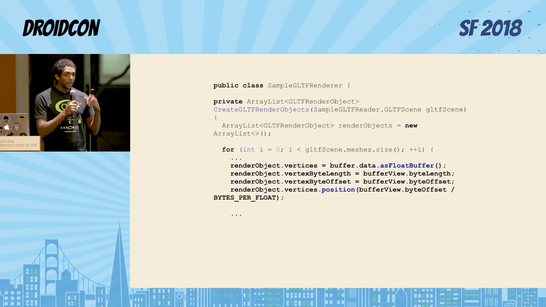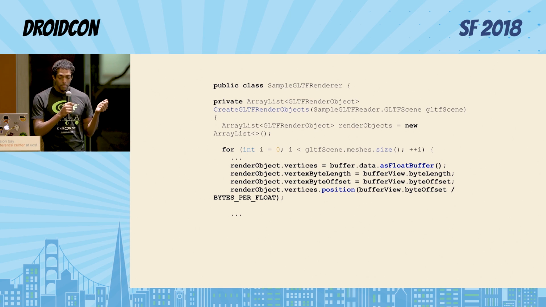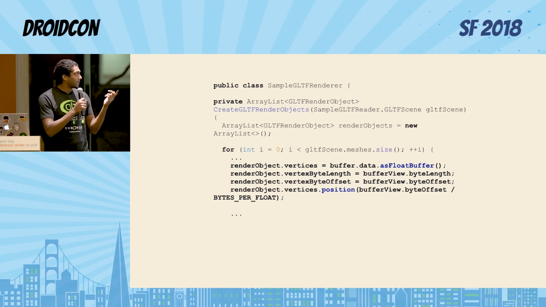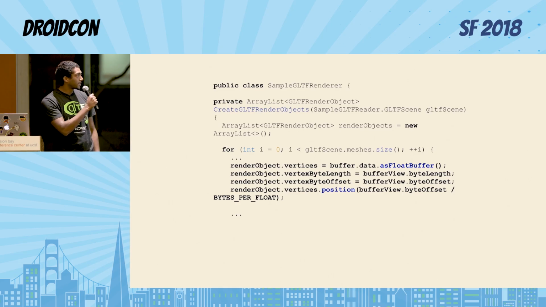So what we're going to do is take that original byte buffer view that we looked at originally, and we're going to look at it two different ways depending on if it's the vertex buffer or the index buffer. And this is provided by the Java buffer API. So all we have to do is look at it as a float buffer because we know that we're interpreting float data for the case of the vertex positions.